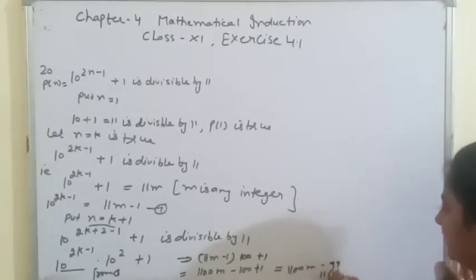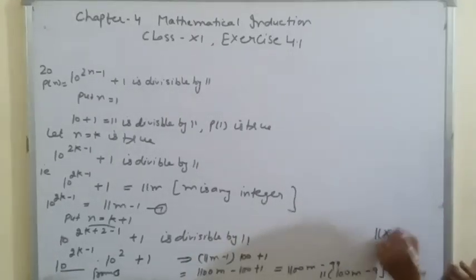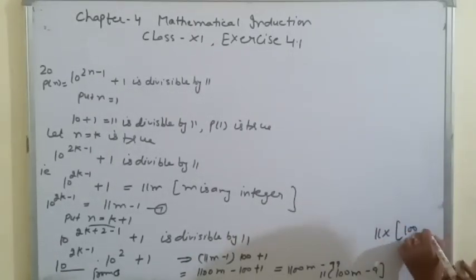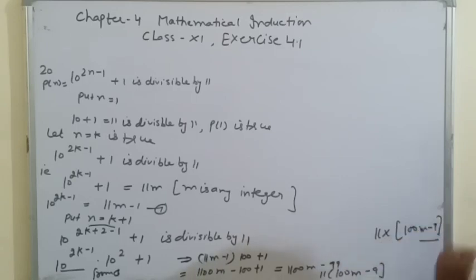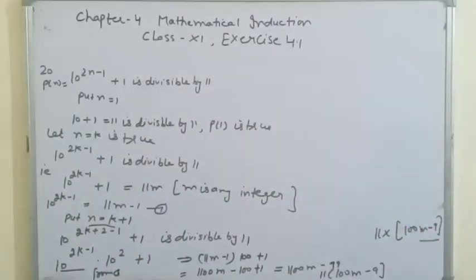You can see we can take 11 common. So this is a multiple of 11, which we had to prove for this statement. Now you can see 11 is a multiple of the statement which we had to prove for this question. This was question 20.